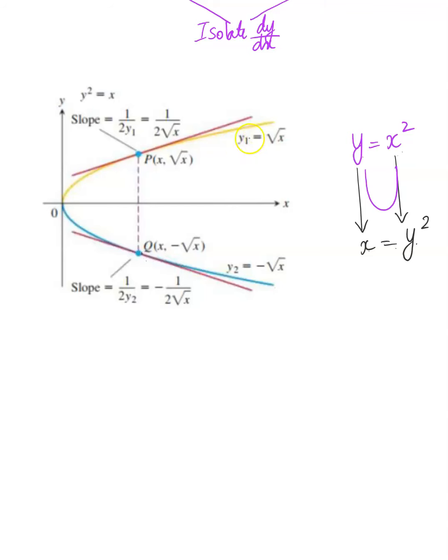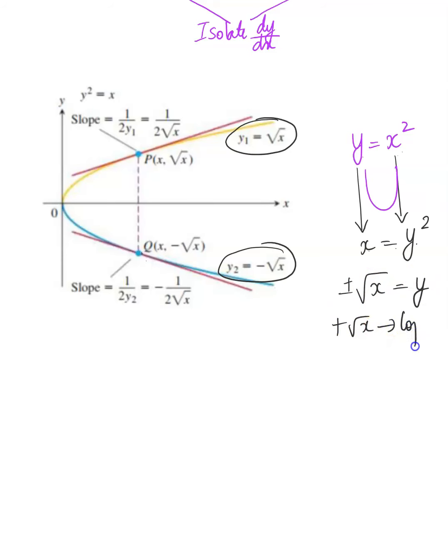And that's what we see here. Here it's kind of easy in the sense that you can solve for y, isn't it? So that will be plus or minus square root of x, which will be y. And so the plus square root of x will be the top part, and the bottom part will be the negative square root of x.